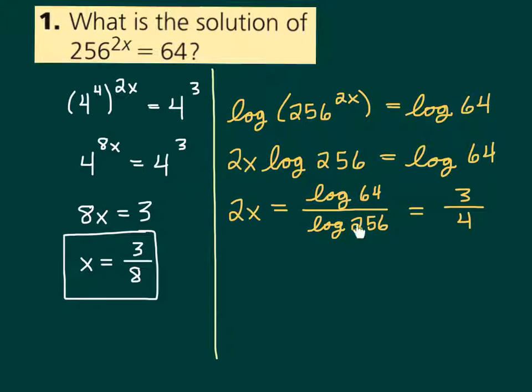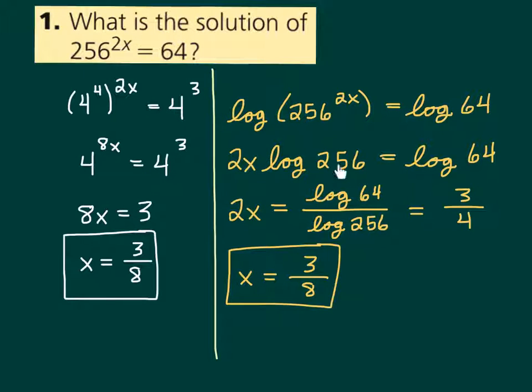If you put this in the calculator, you get 3/4. So I have that 2x equals 3/4. Divide each side of that by 2, we get that x is 3/8. Same exact thing we got right over here. So these are just two ways of doing the same problem.